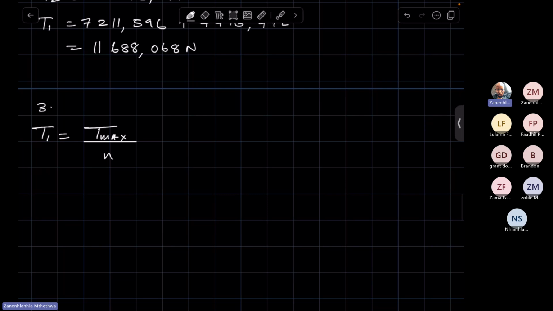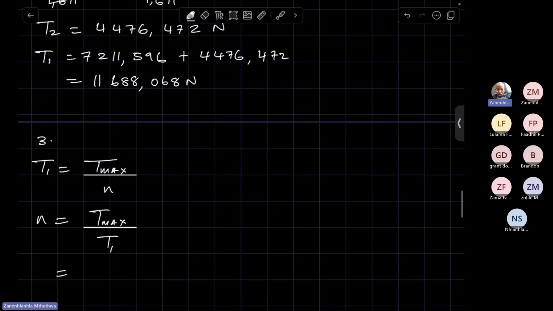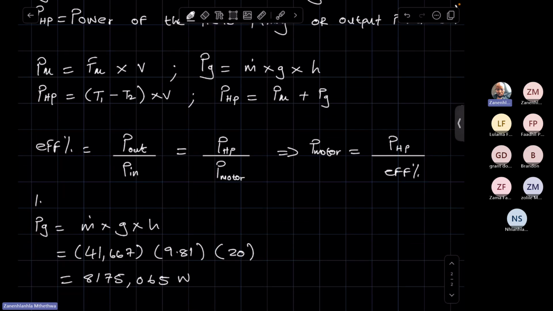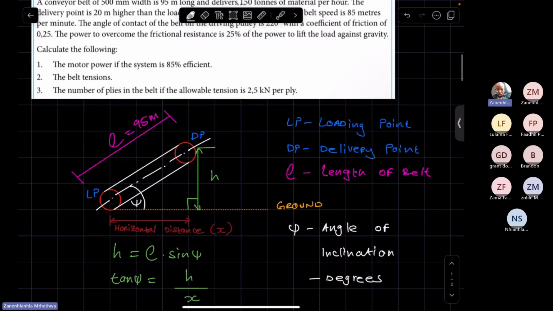So in solving for number of plies, you cross multiply, right? So N is equal to Tmax divided by T1, right? Now Tmax is 2,5 kilonewtons.